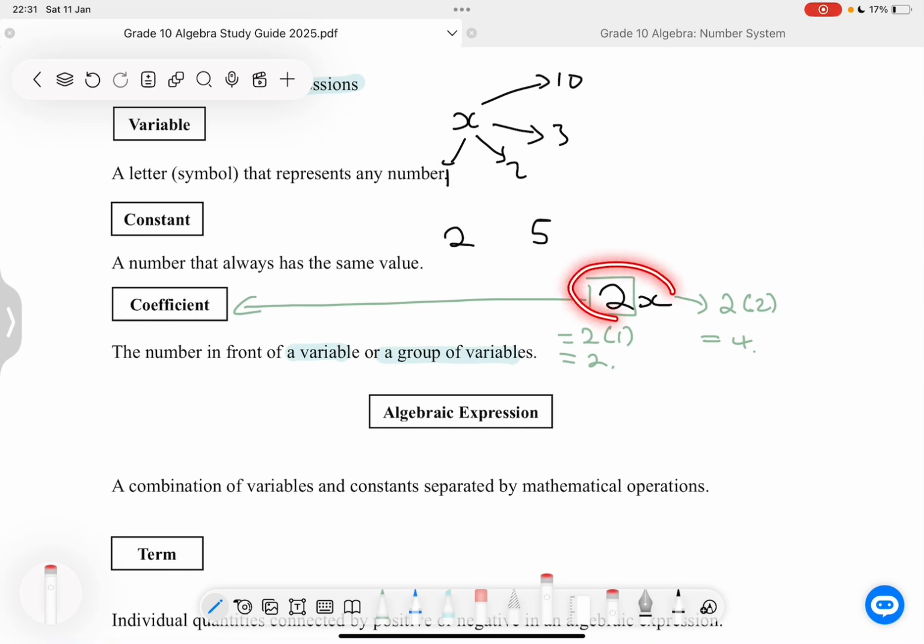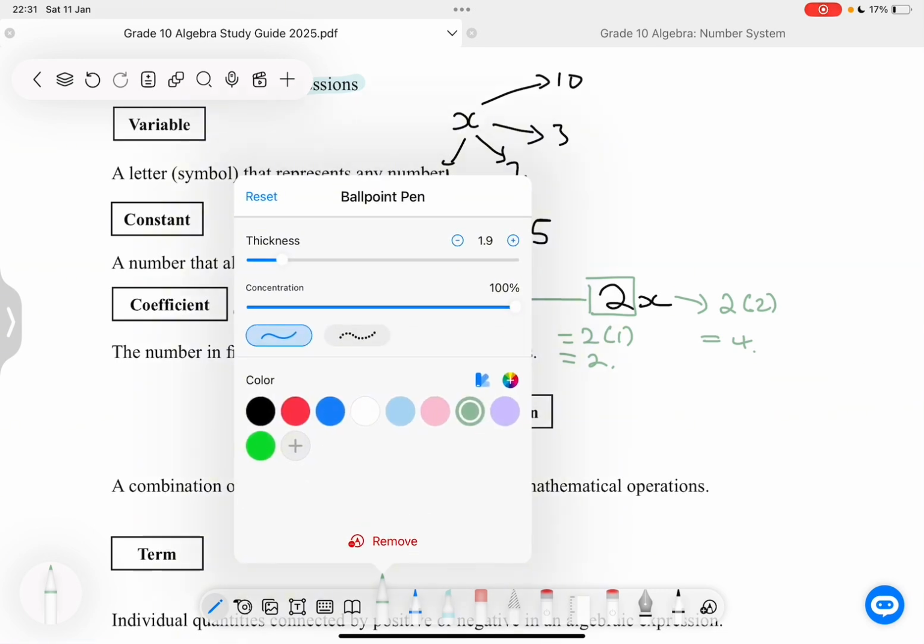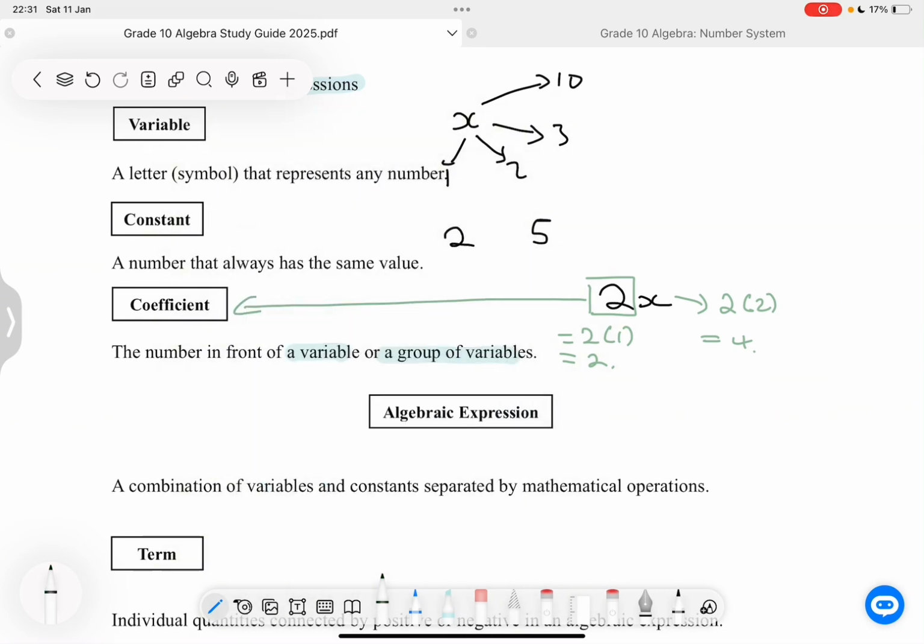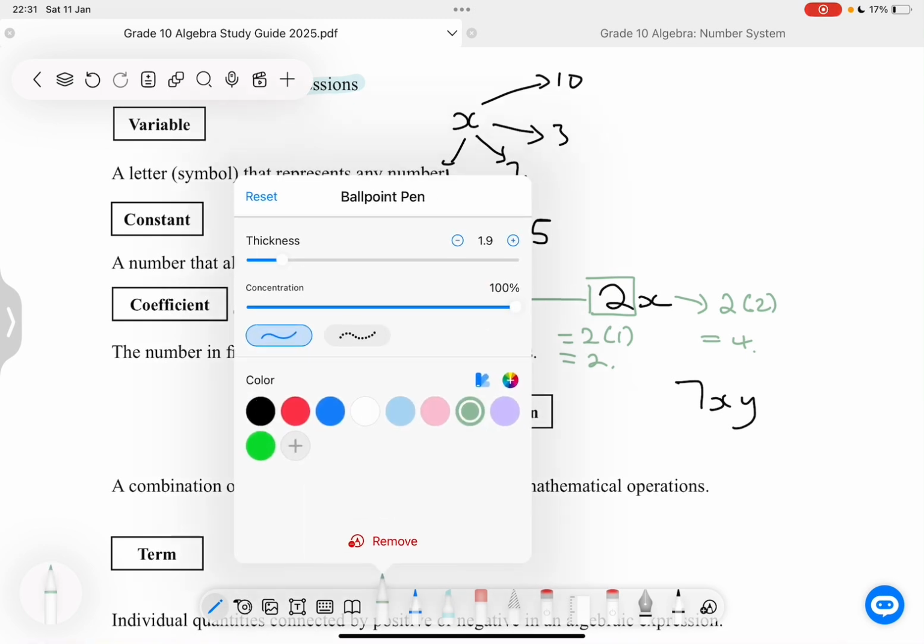So this 2x is a number in front of a variable. Sometimes we have a number in front of a group of variables. So you can have something like 7xy. Do you see that we have a group of variables? We have two variables, more than one variable. But in front of that variable, there is a constant.